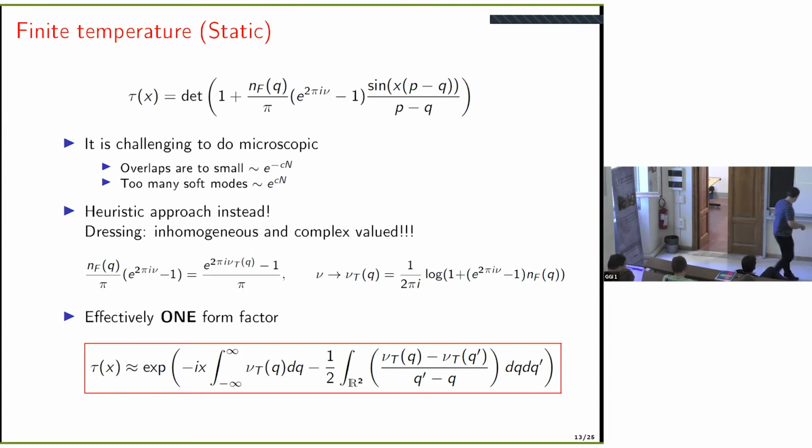So once again, it's kind of an important point. Let me maybe write it down at the blackboard. So we would like to evaluate some Gollum determinant at finite density, or finite temperature.